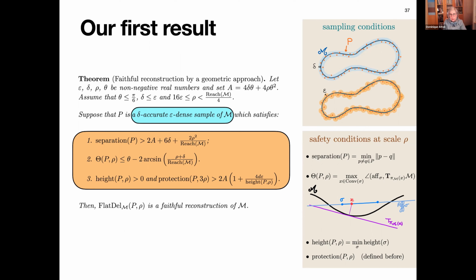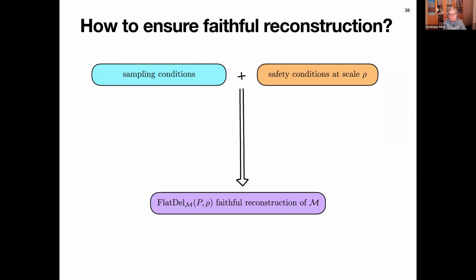So in a nutshell, what the theorem says is that we have sampling conditions and we have safety conditions at scale rho, and then we get a faithful reconstruction.